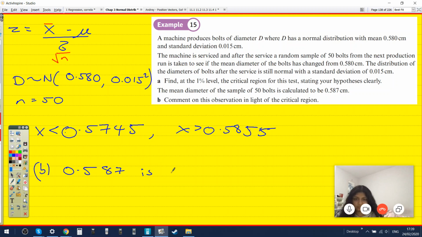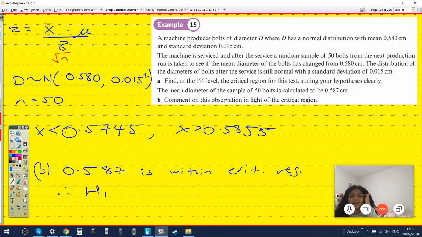Okay, so 0.587 is within the critical region. So do you accept H0, or do you accept H1? I get confused. You accept H1 because it's very, very unlikely. So if it's in the critical region, you reject H0, and accept H1. Okay.